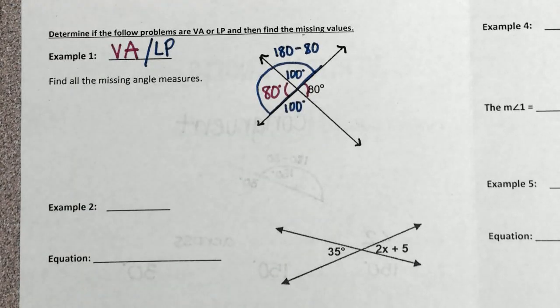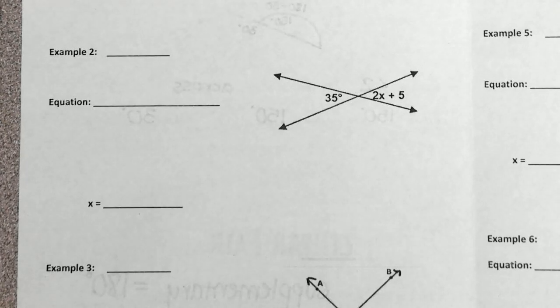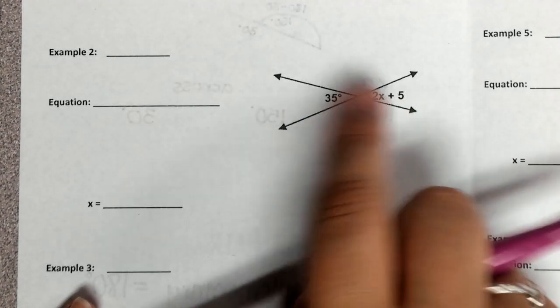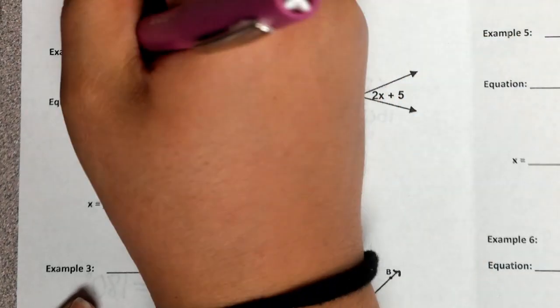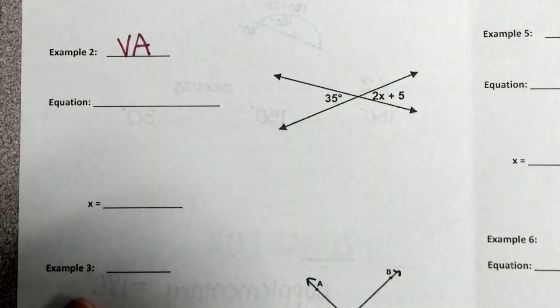Do I have any questions about vertical angles or linear pairs? Does that make sense? All right. So what if I'm not very nice and I give you x's? Does this change the type of problem I'm going to do? No. What type of problems are these? By the way, from now on, when you see VA, what does VA mean?